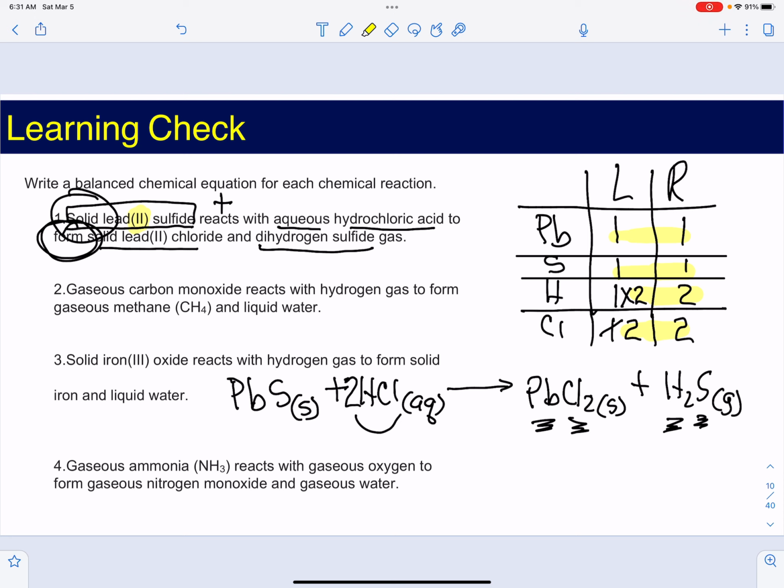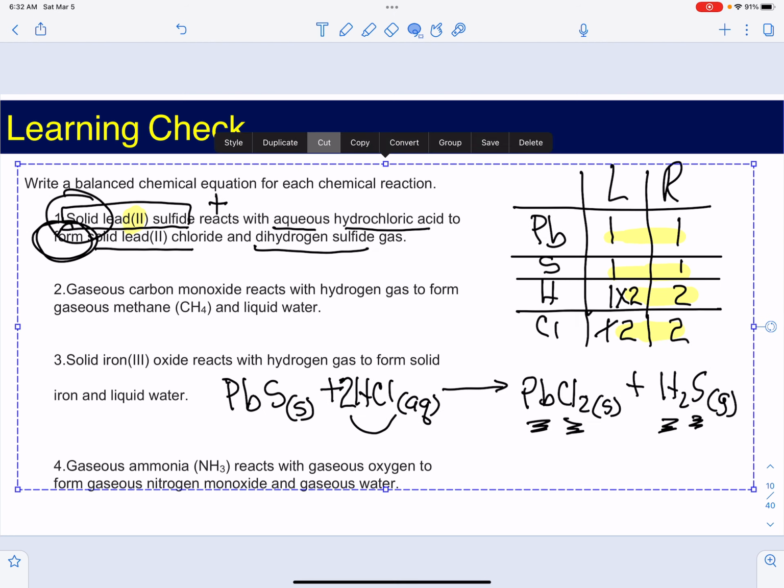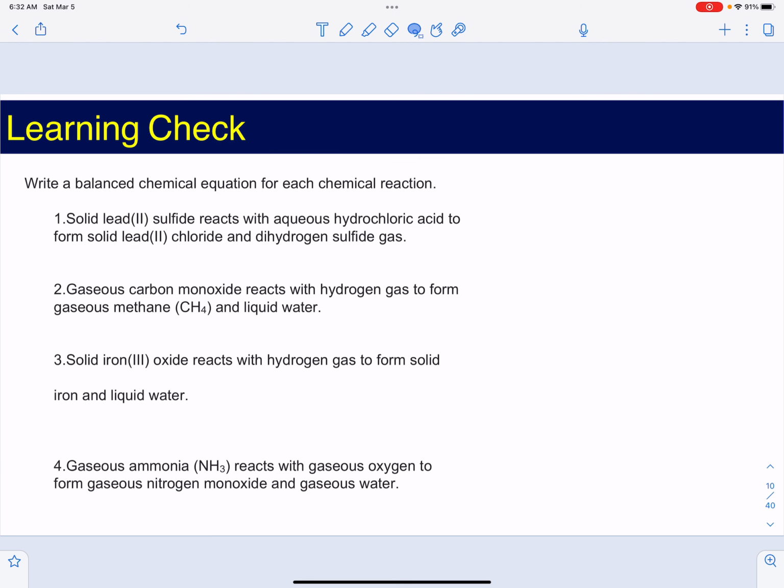So let's do the next one. This requires a lot of practice, so we're gonna spend more time on this one than other problems. So on the next one, gaseous carbon monoxide reacts with hydrogen gas.